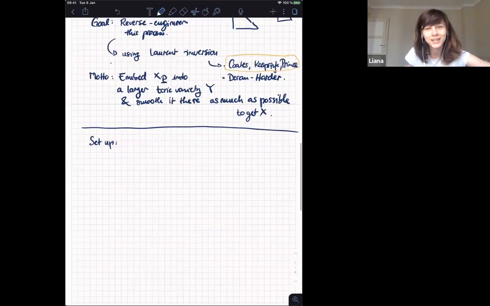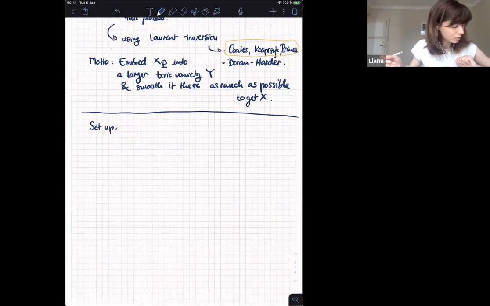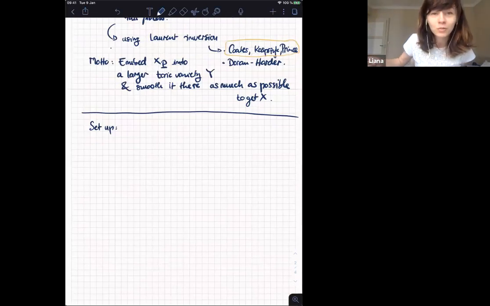For the basic example that we're trying to do, I'm going to just use surfaces, and I'm going to even forget, at least for a little bit, that a Laurent polynomial exists, and just start from a toric variety.